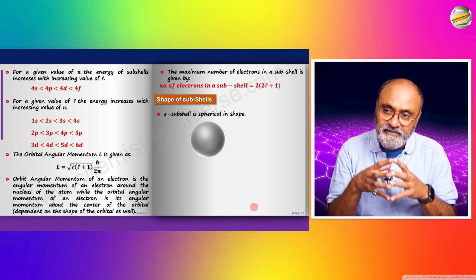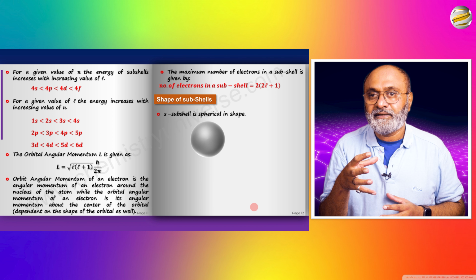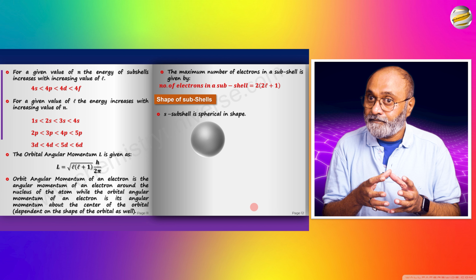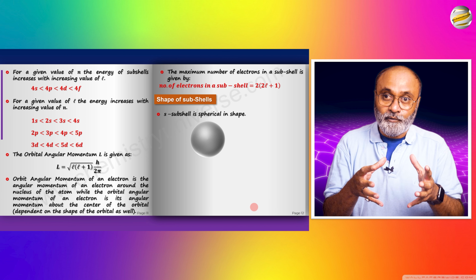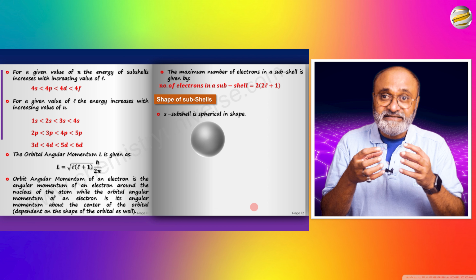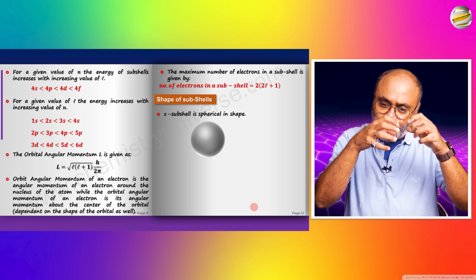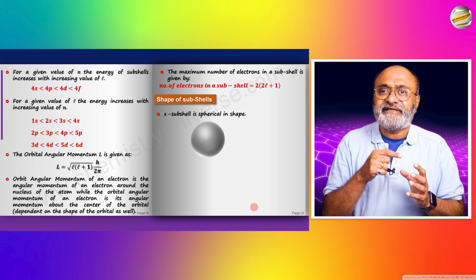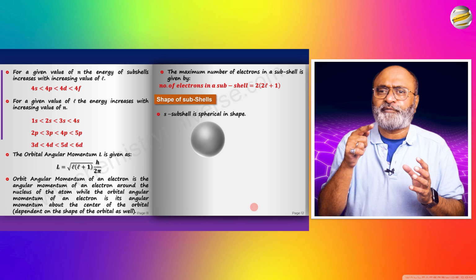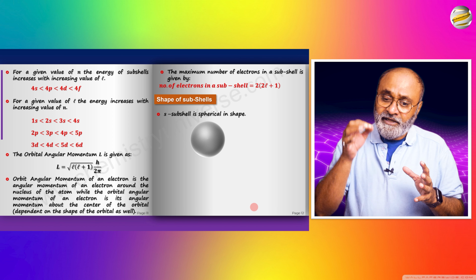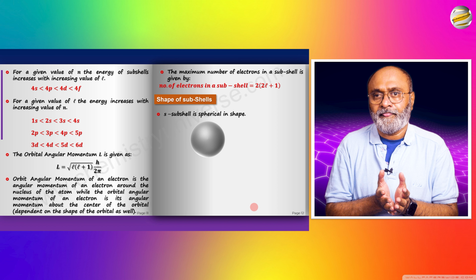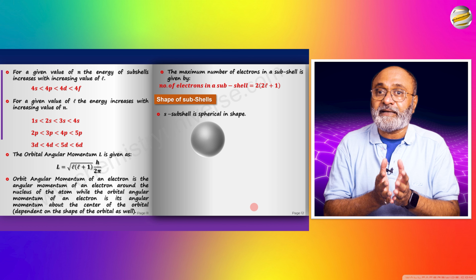That means if you say that an electron is in 1s, it means the sphere in first shell with L equal to 0 has the electron's probability. When the electron's probability is plotted, where all can the electron be? Give me the region of space where the probability of finding the electron is very high. And if I say, okay, this is the region, that region becomes a sphere. So that is why we say S subshell is spherical.